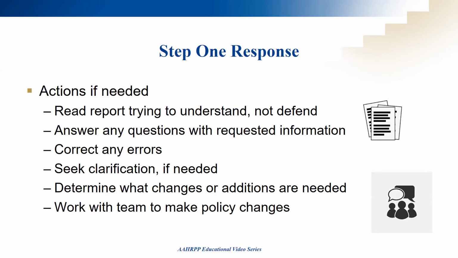You can respond to the Step 1 reviewer and ask those questions, or to the AAHRPP staff as well. So determine what changes or additions are needed, and then work with your team to make sure you have the policy changes that are necessary. It's really important that you do work with a team to put together all the changes that might be necessary as you go forward with getting ready for the responses.